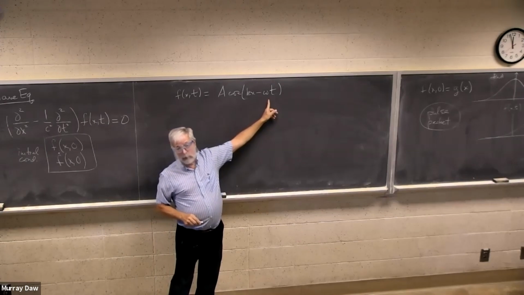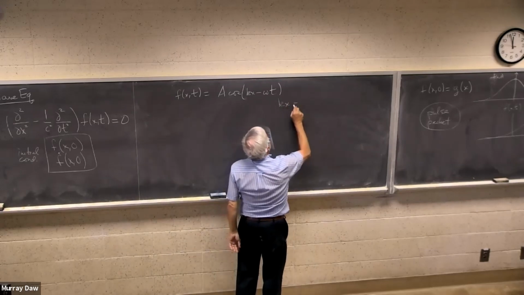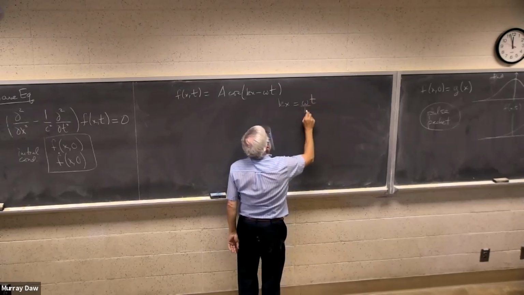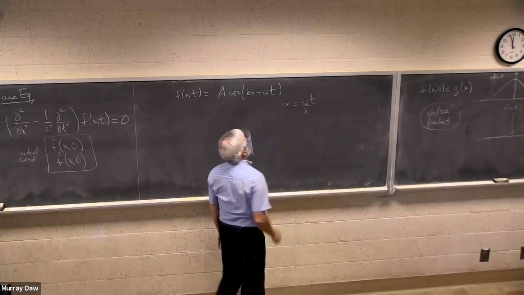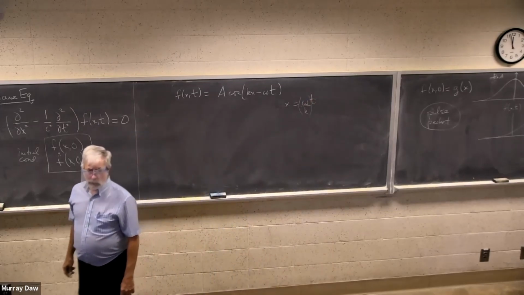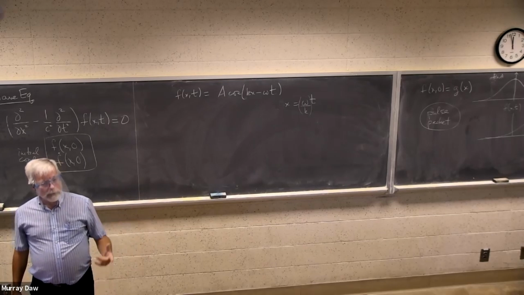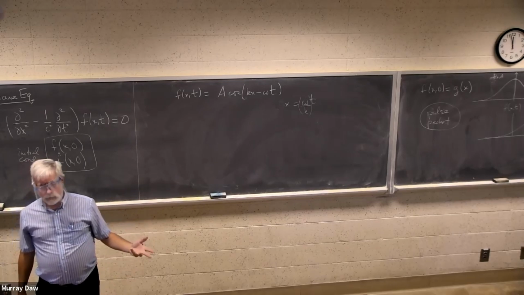We set this to 0. Pick a feature, which would be a maximum. Set the phase equal to 0, and we get kx equals omega t. So x is a positive number times t, so it's sliding to the right. So this is a right traveling wave. This is an oscillatory wave, not just a pulse or packet.